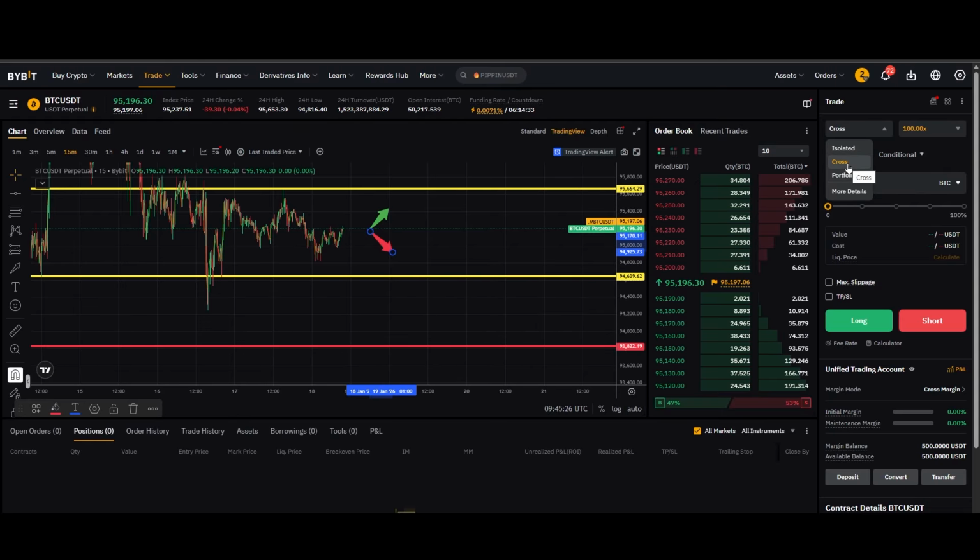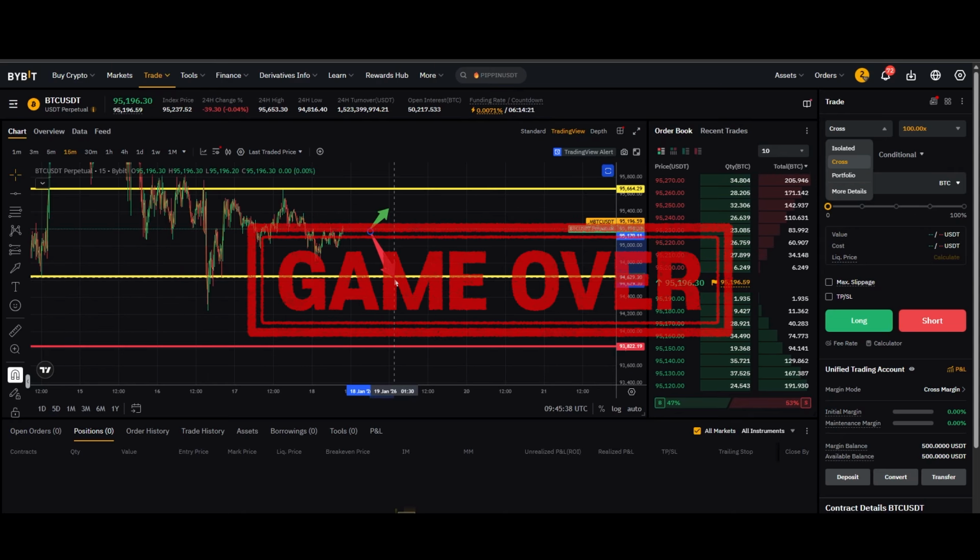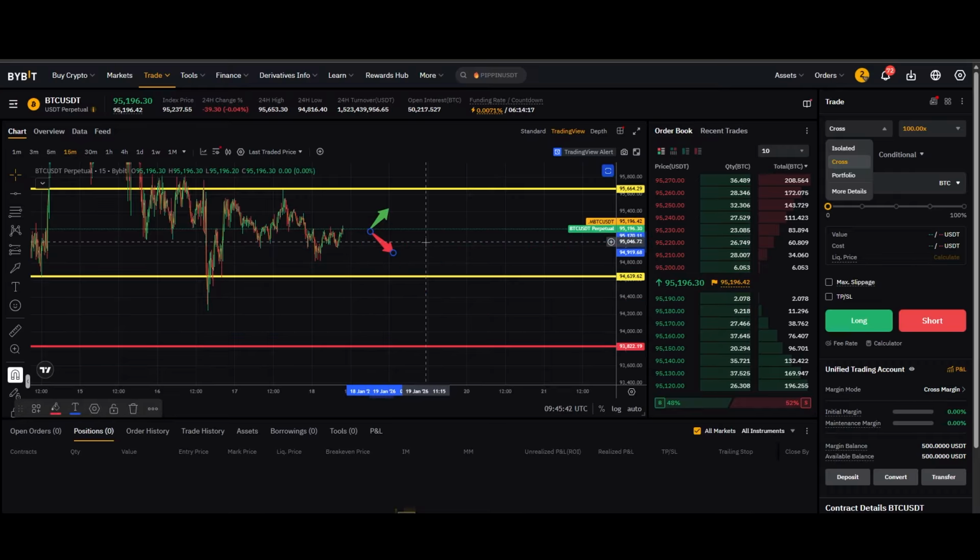It uses your entire account as collateral. Your position has more room to survive, but if the market moves hard against you, everything can be wiped out. For most people, especially if you're not a full-time trader, isolated mode is the smarter choice. One mistake won't destroy everything.